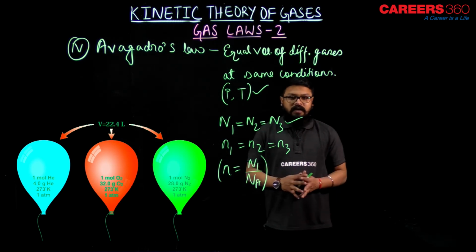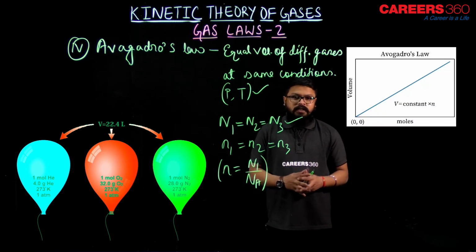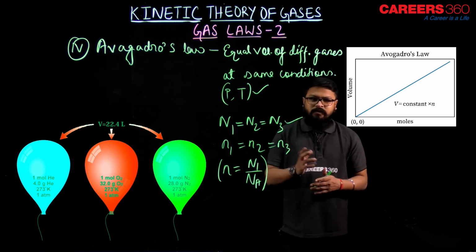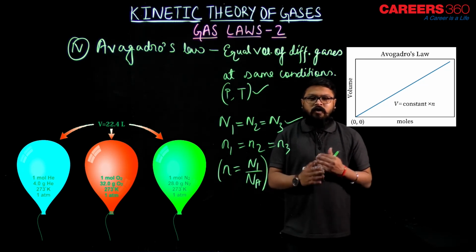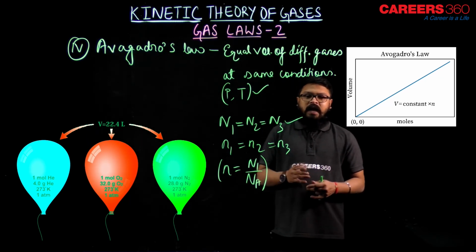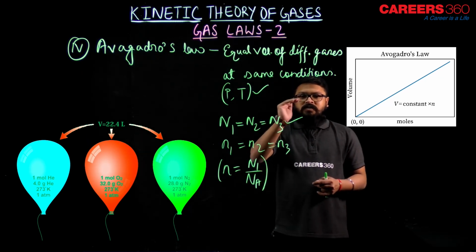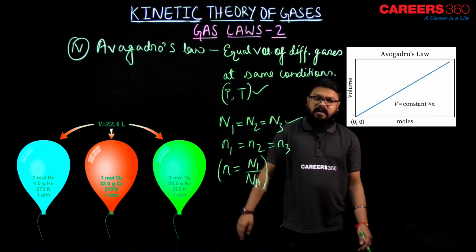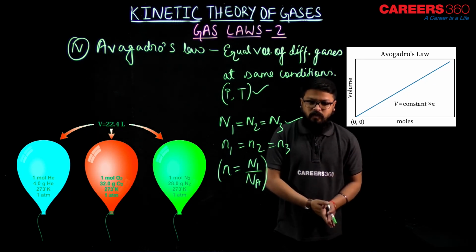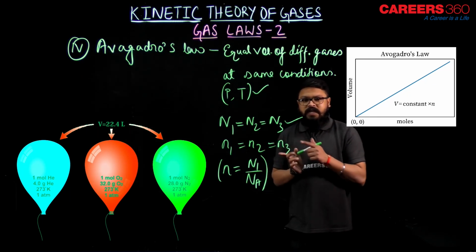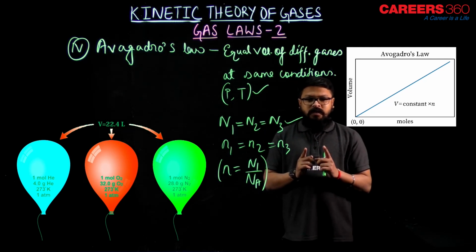Now let's see the graph. Volume is proportional to number of moles, that is equal volumes equal number of moles. So over here, if we plot the graph, volume versus moles, if we go on increasing the volume of each gas, but equally.